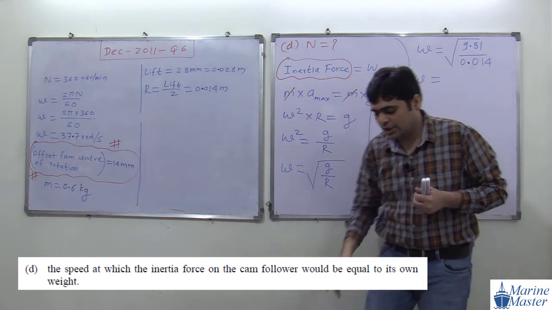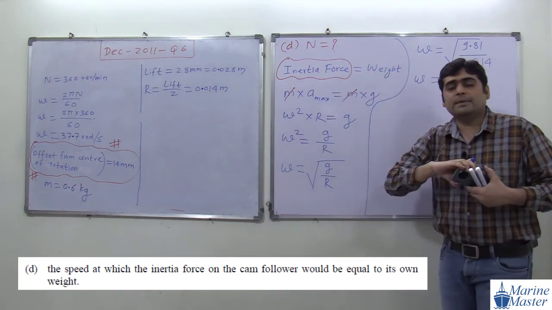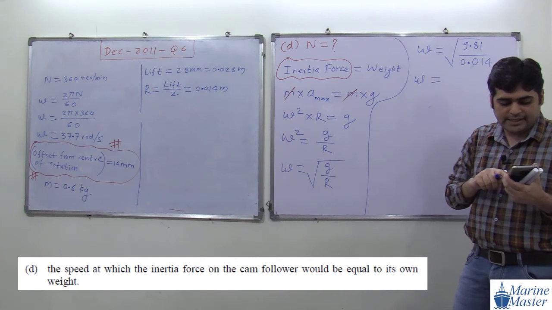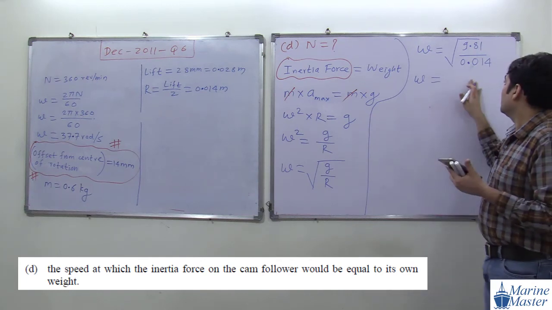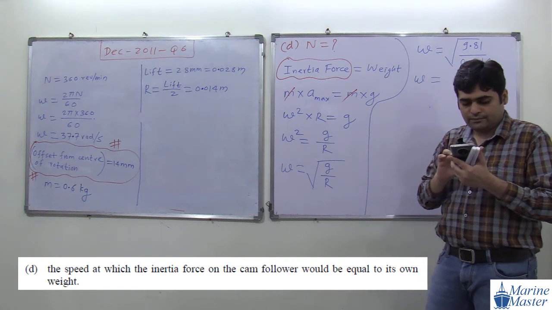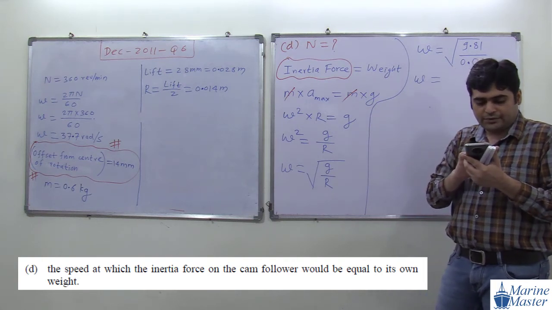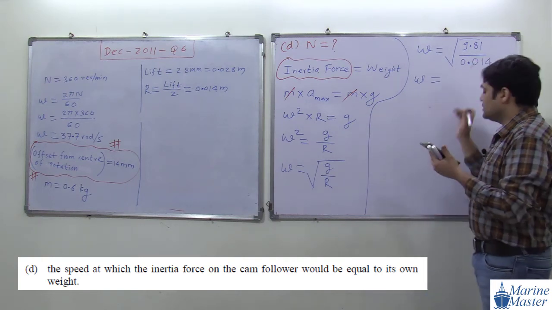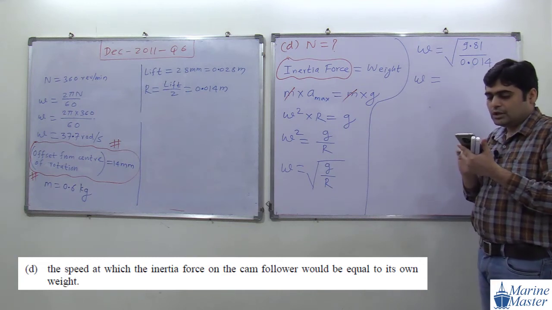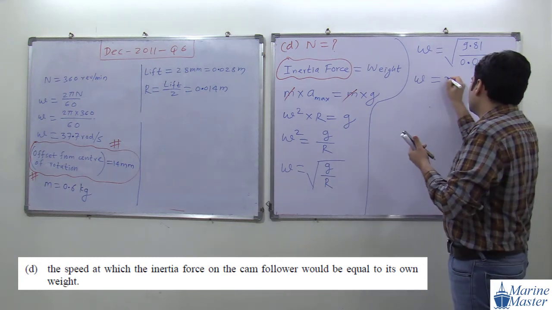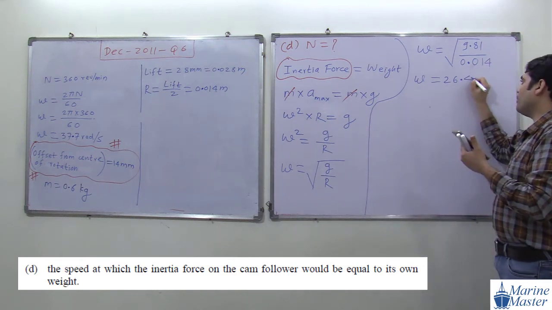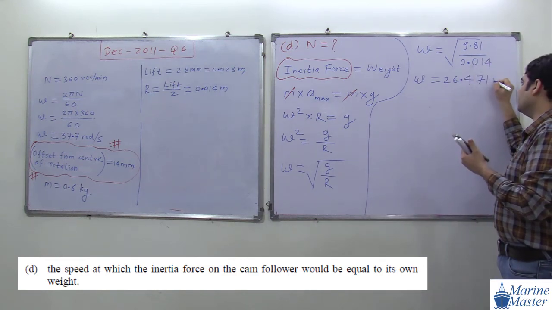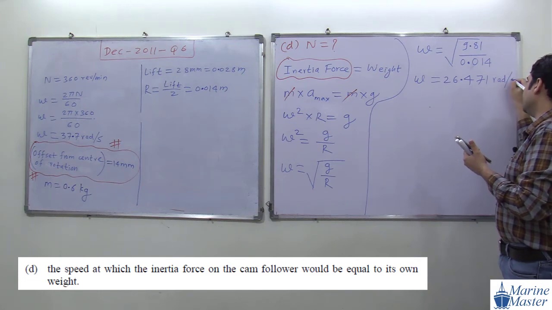Everyone please do the calculation for this scenario. So what will be omega? Square root of 9.81 divided by 0.014. So the value of omega is 26.471 radian per second.